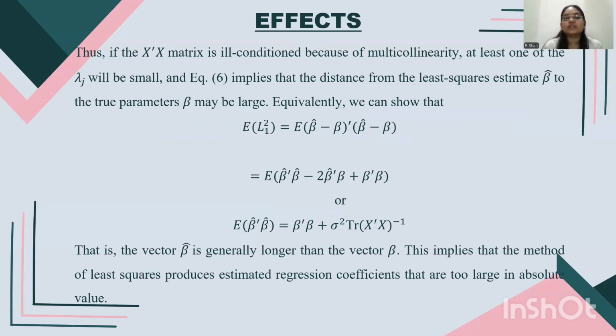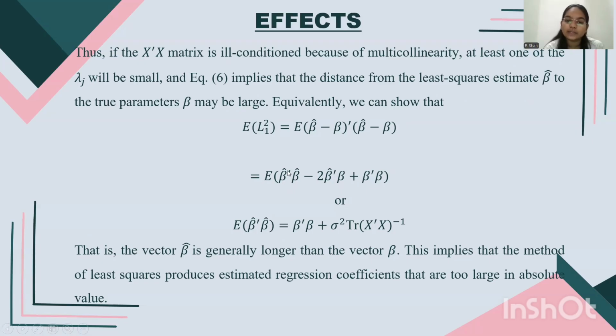Thus, if the X dash X matrix is ill-conditioned because of multicollinearity, at least one of the lambda j will be small, and equation 6 implies that the distance from the least squares estimate beta cap to the true parameter beta may be large. Equivalently, we can show that expectation of L1 square is equal to expectation of beta cap minus beta dash into beta cap minus beta. We basically just multiply the two brackets.